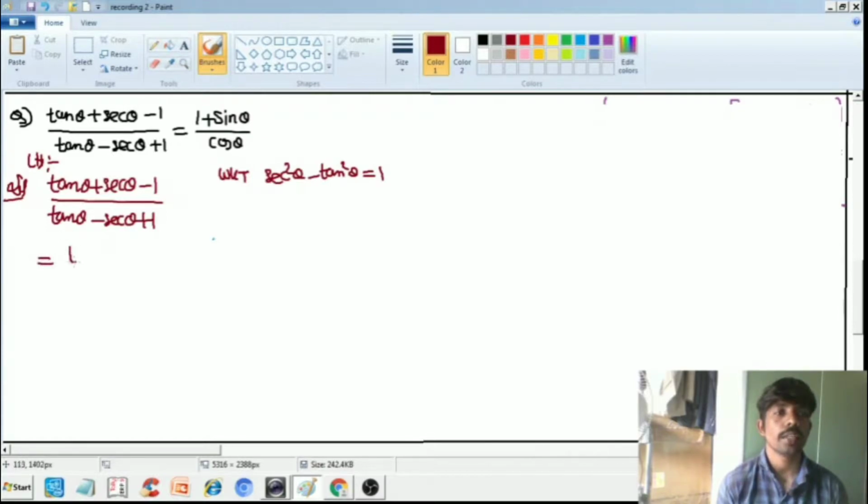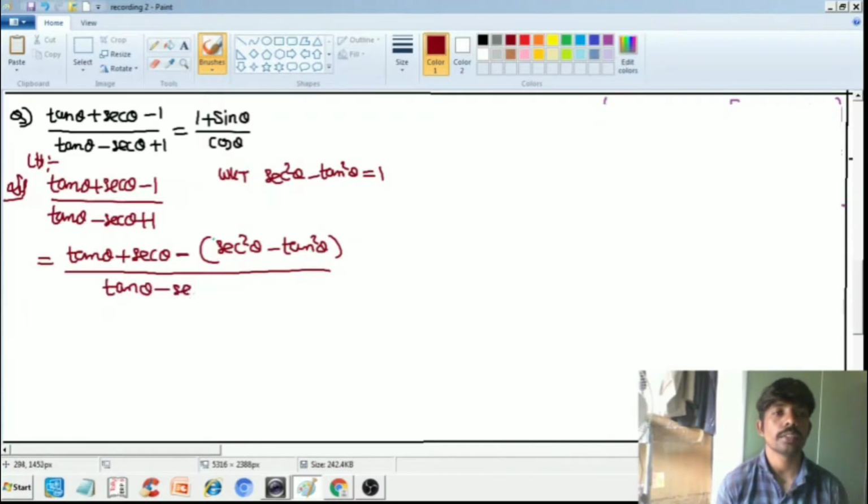Now see carefully, tan theta plus secant theta minus 1, in the place of 1 I am substituting secant square theta minus tan square theta, by the denominator, written the same as it is, no change, tan theta minus secant theta plus 1. Secant square theta minus tan square theta is in the form of a square minus b square, so a plus b into a minus b.